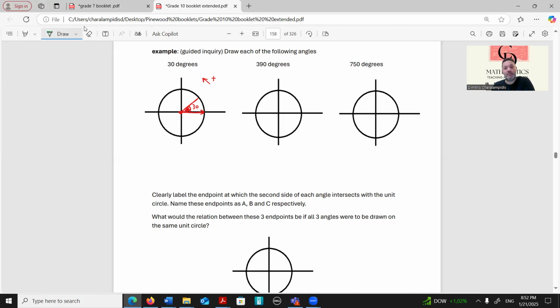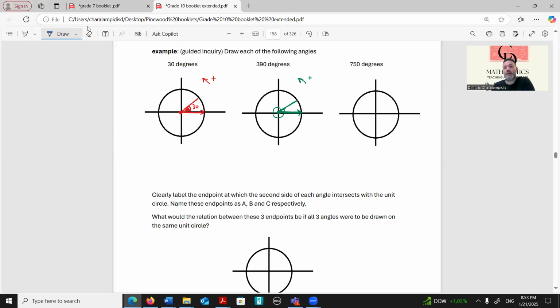Then let's change to green. For the angle of 390 degrees, once again, I will begin from here and move in an anti-clockwise way. I need to now draw an angle of 390. So I'm going to draw a full circle, which stands for 360 degrees, plus 30 more, and the second side will be somewhere there.